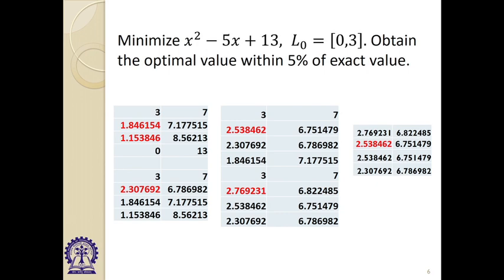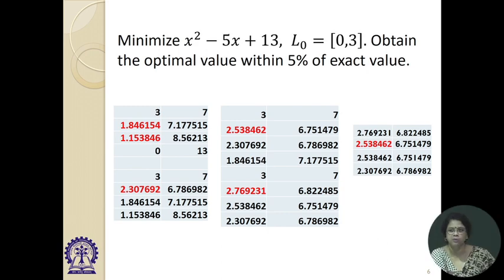And what is the trend? The trend is that here are the higher values. Since there is only one mode, at least we are sure the minimum cannot lie here. We will discard this interval 1.15 to 1.84.